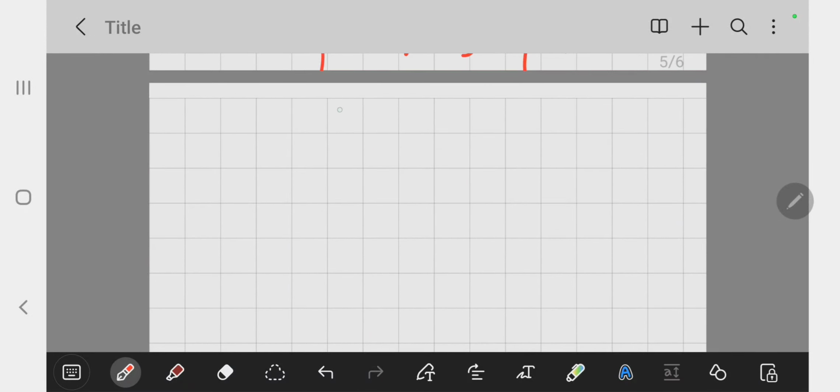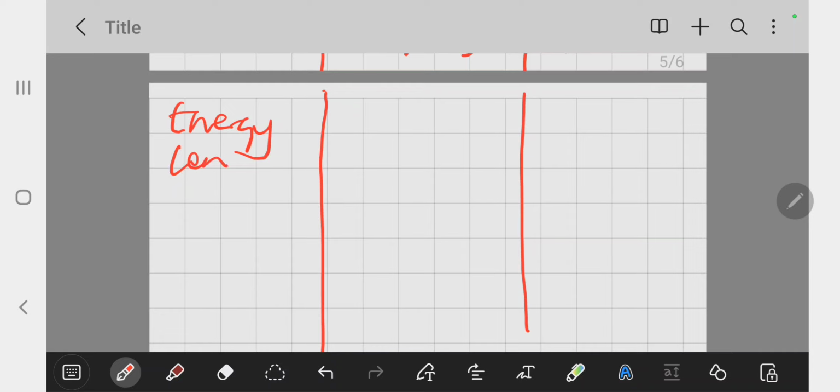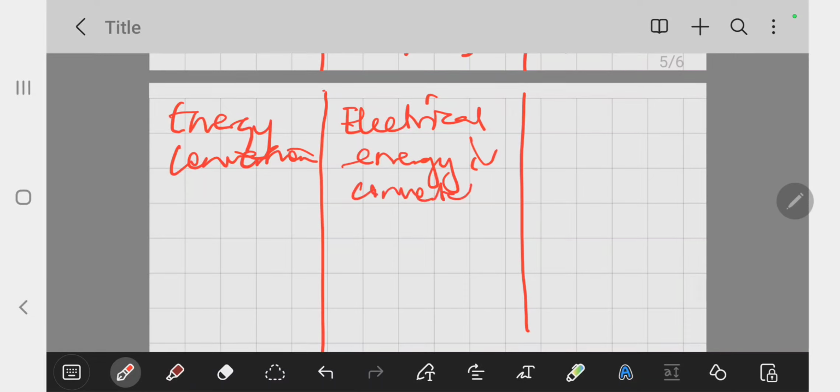Another field we are interested in is the energy conversion that happens in the two. In an electrical circuit, the electrical energy is converted to mechanical energy or sometimes some heat losses.